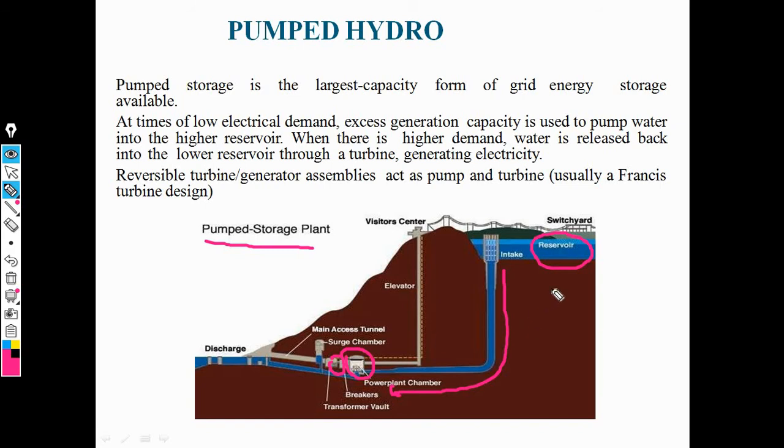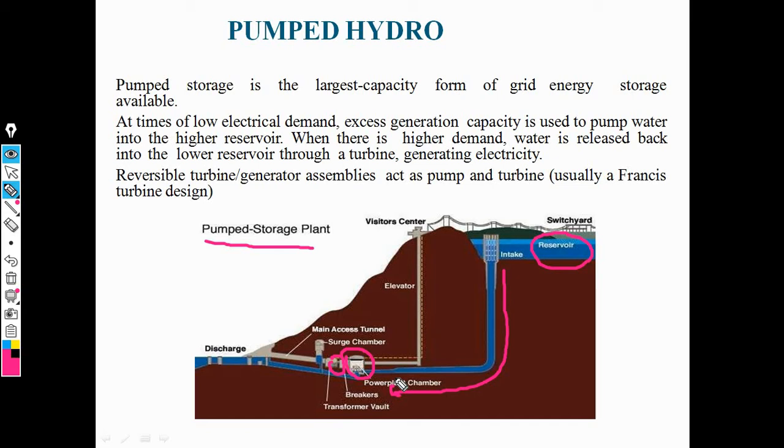Then the large amount of water flows through this path. Then this water strikes the blades of the turbine, and the turbine converts kinetic energy into mechanical energy, and this mechanical energy is given as input to the generator, and then the generator converts mechanical energy into electrical energy in the form of AC.